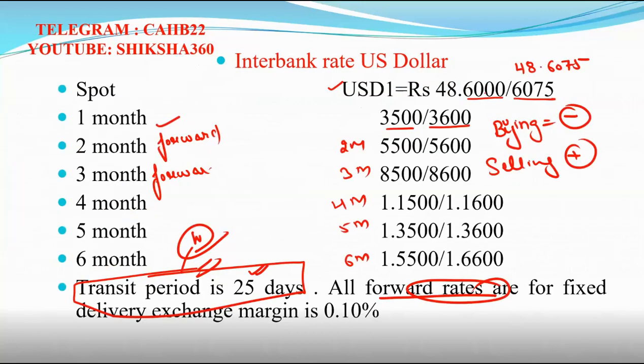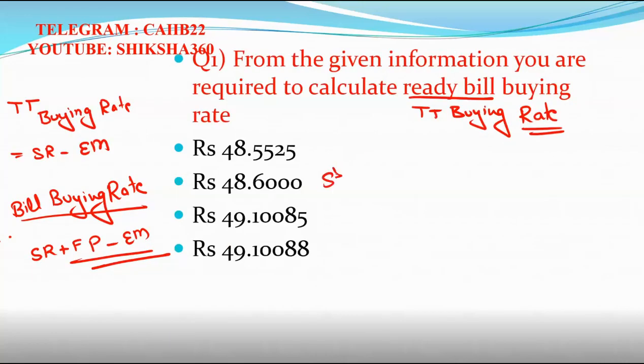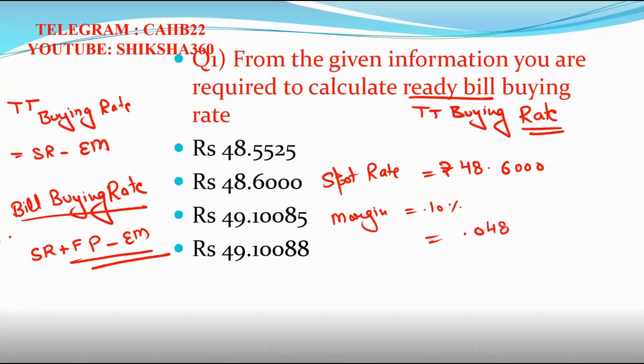So what is the spot rate for the buying rate? It is rupees 48.6000. And what is the margin? The margin is 0.10%. So what is 0.10% of this? It is 0.048600.